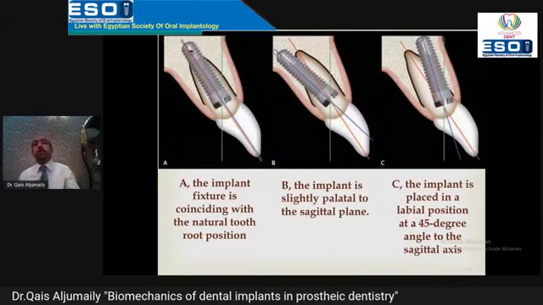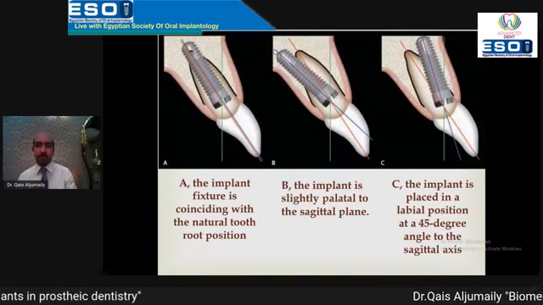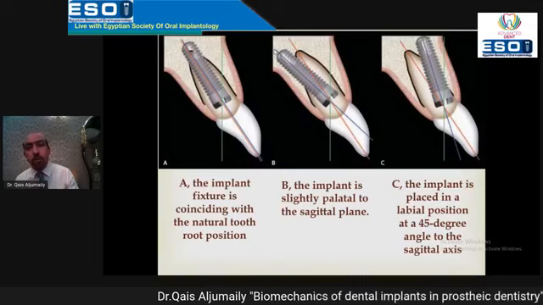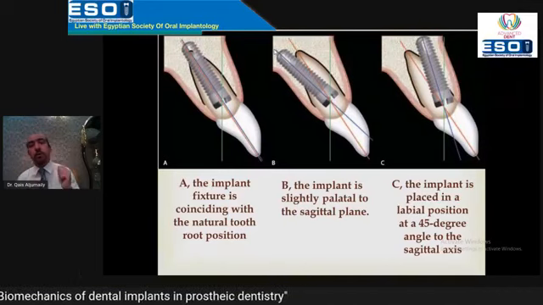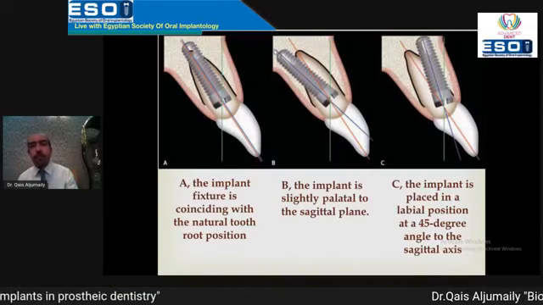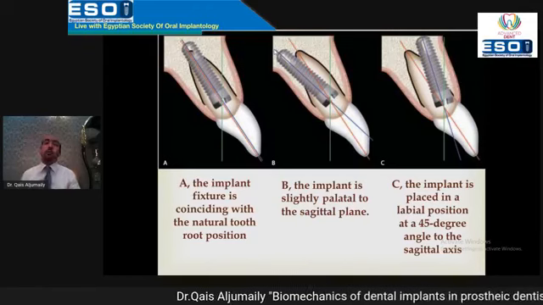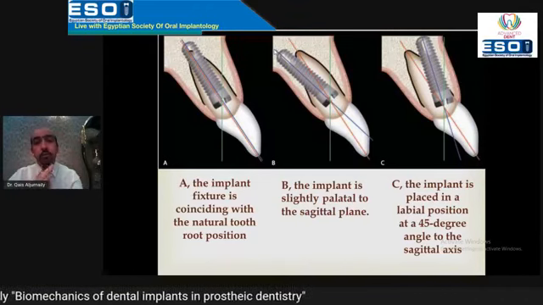And that will push me to use what? To use an angle abutment. An angle abutment means an oblique or horizontal force in the future. And we will see the harmful effect of this horizontal or lateral force on our implant from the biomechanical point of view.